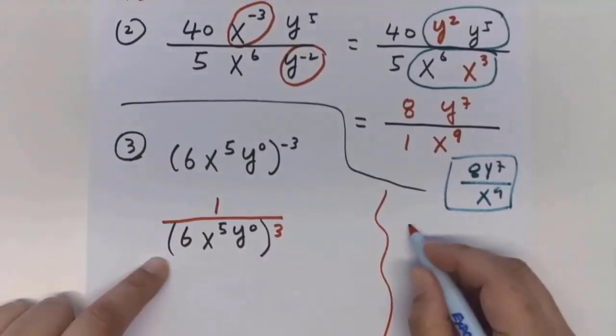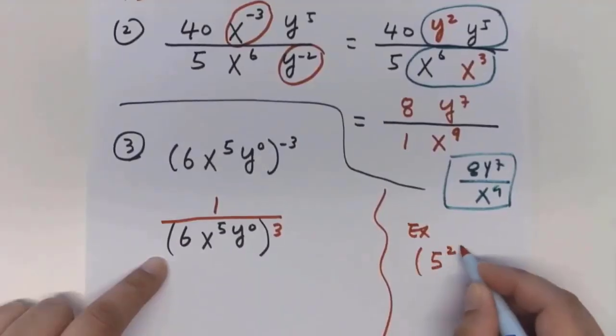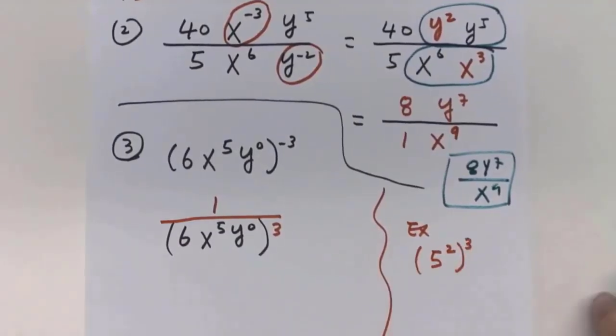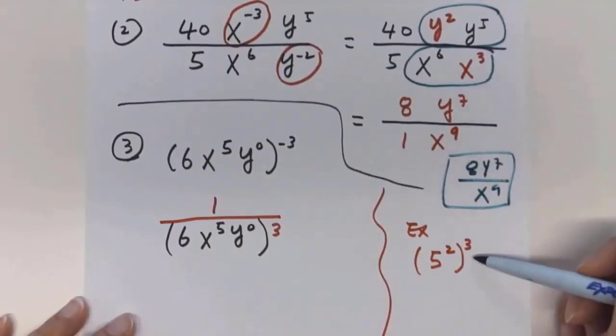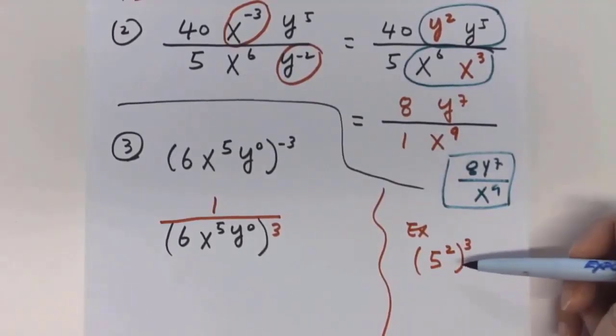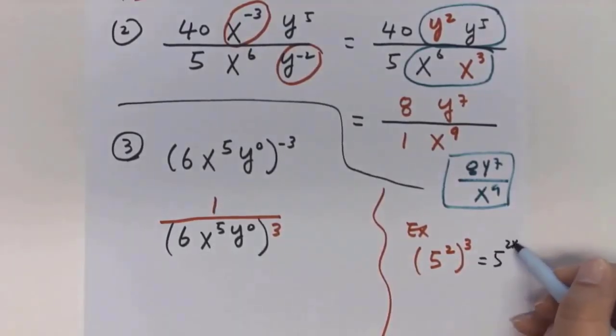Okay, so now what do we do when we have an exponent outside like that? Say if you have a 5 to the 2nd power and then you have a 3 here, what do I do? You add in this situation. How about in this situation? Multiply. Yeah, you have power over power, you multiply the exponent, so it's 5 to the 2 times 3, right?